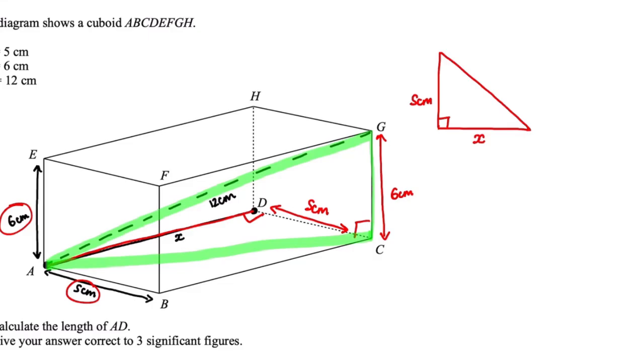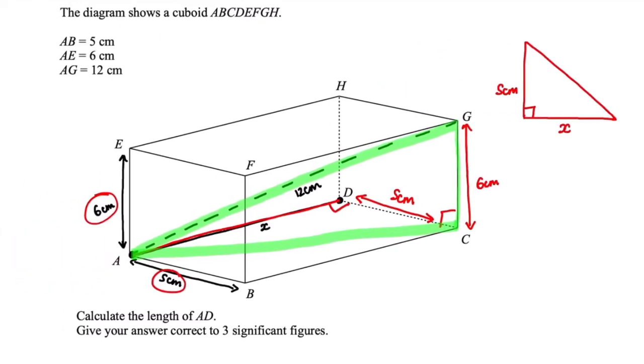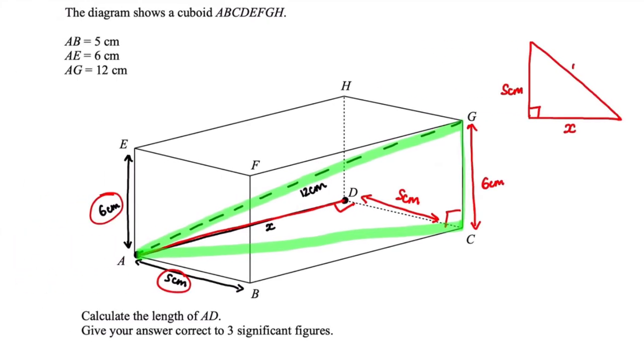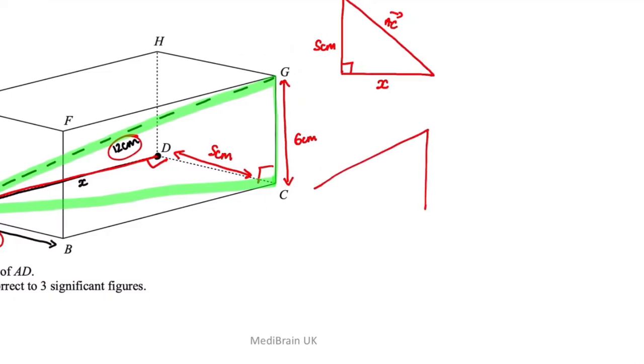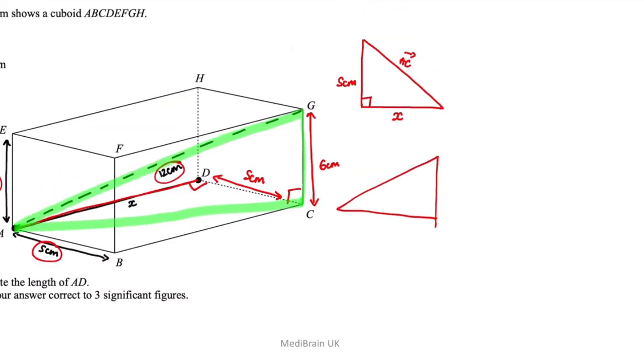We can work out what A to C is, because we know A to G is 12 centimeters, and we know what G to C is because we have another right angle triangle there. So we're going to use this right angle triangle first: 12 centimeters, then 6 centimeters. We need to work out this length, and this length is the same as this length.